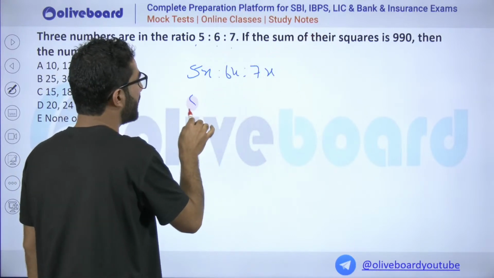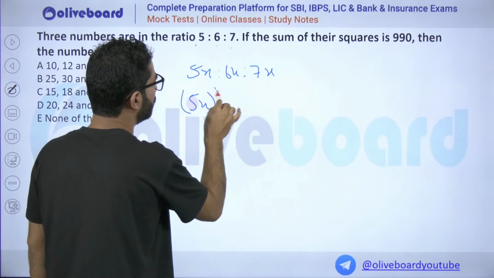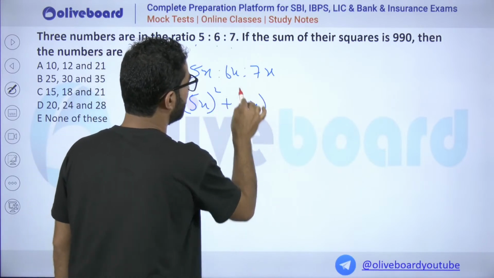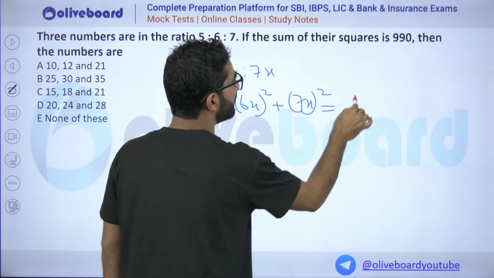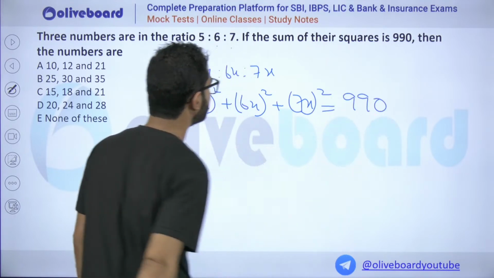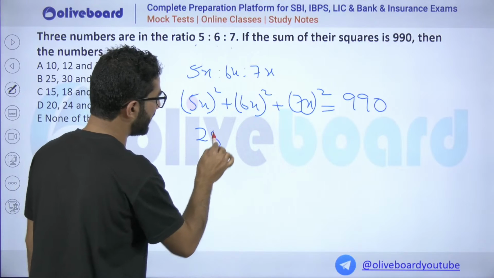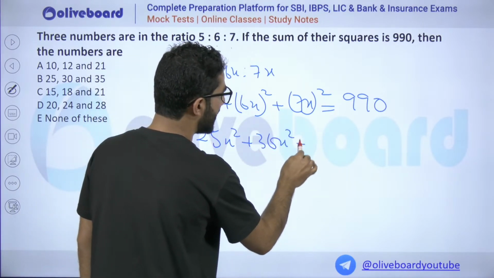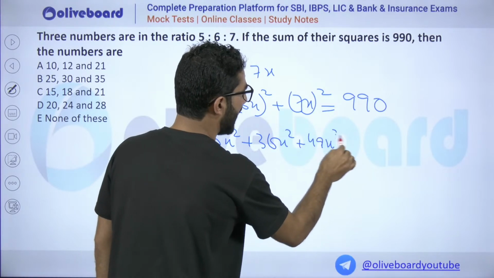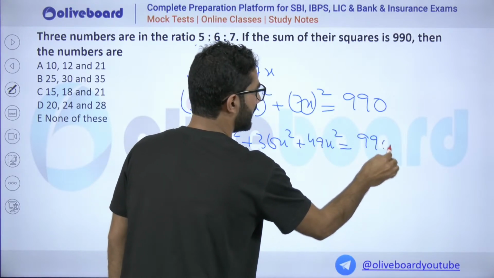It means the sum of their squares, 5x square plus 6x square plus 7x square, is given as 990. Now it will be 25x square plus 36x square plus 49x square, and it is given as 990.